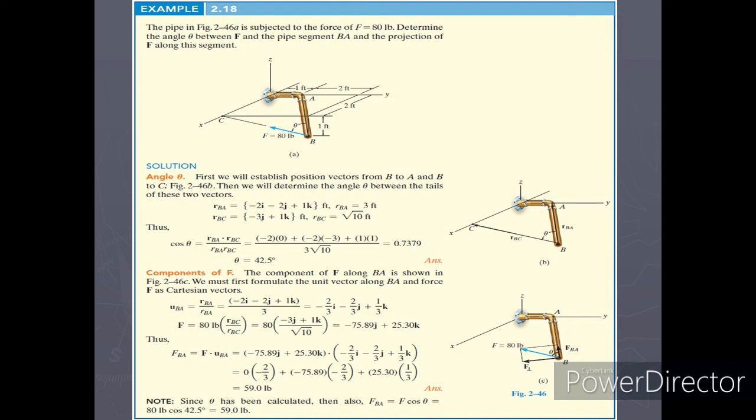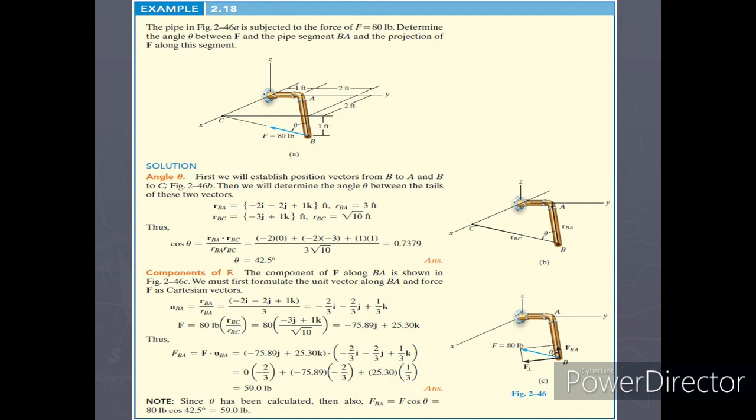Sometimes you can start with y or x, depending on where the point lies. Here I want to start with the x-axis. From here I move to this point, 2 feet. Then I come 1 plus 2, 3 feet. And then I go down, minus 1.